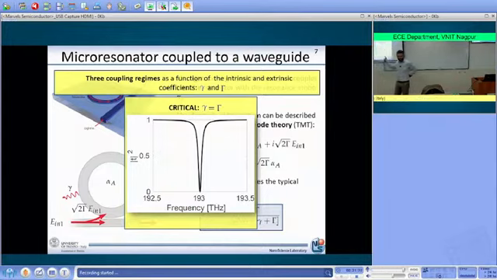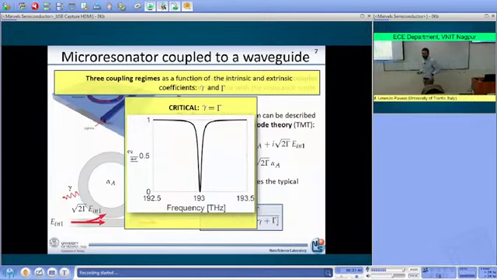So in this case, all the light that is coupled into the microring resonator is lost. Where is it going? It's radiated out of the microring resonator. It's small gamma. Light is radiated out. Why that? Maybe you have some surface roughness.